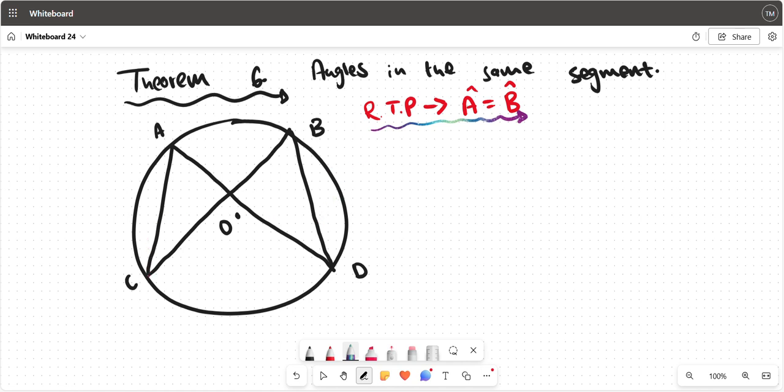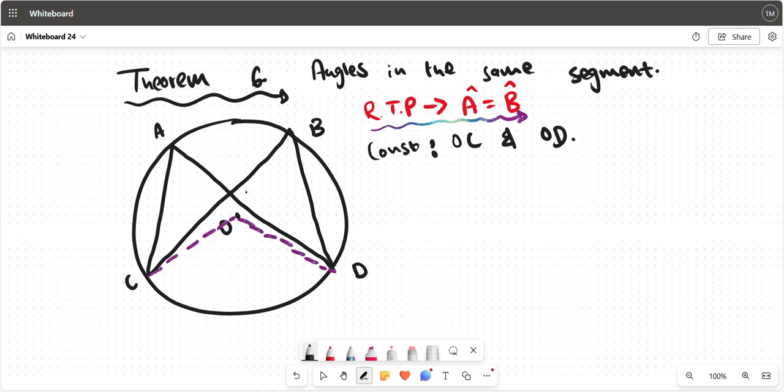So what we need to construct is the OC line, and we need to construct this line there. So let's construct. Take note, guys, I am writing what I'm constructing, but I'm also actually constructing it. I'm constructing line OC and line OD.